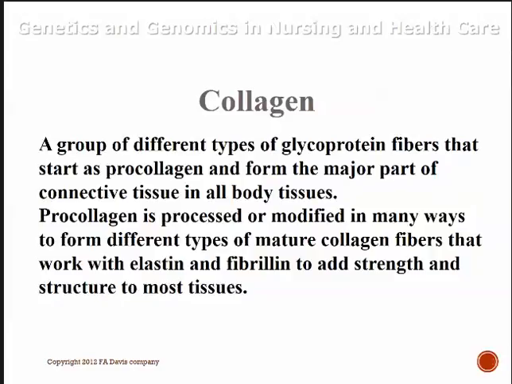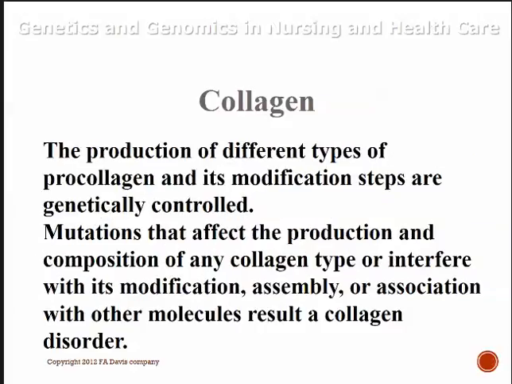The genetic mutations of any of the collagen genes usually affect more than one type of tissue. And remember from the earlier chapters, that's pleiotropy. It's involved in many different genetic disorders. The production of different types of procollagen and its modification steps are, again, genetically controlled.